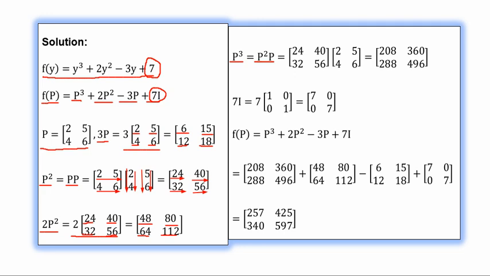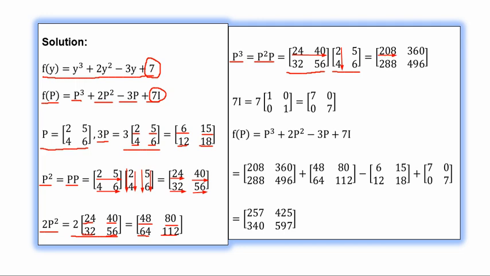So this is matrix P squared, this is matrix P. We multiply as usual, where you take the first row of matrix P squared times the first column of matrix P, then you add them. 24 times 2 plus 40 times 4, that is 208.